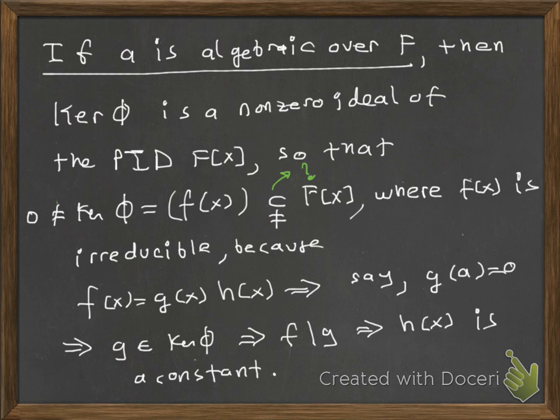So what happens in a domain when this is the situation? This makes the other factor in the product, namely h, a unit, which in this case is a constant polynomial. So that proves f is irreducible in the PID F[x].